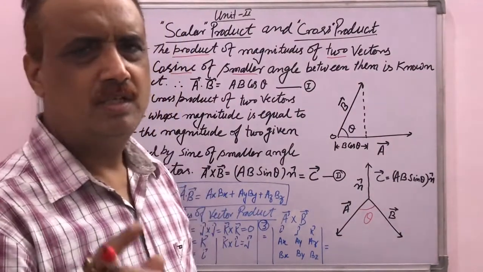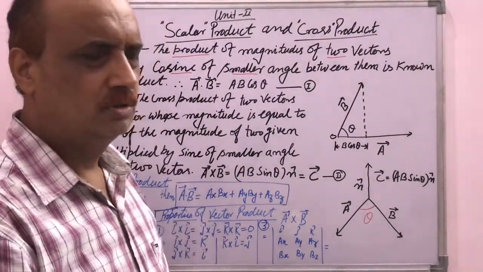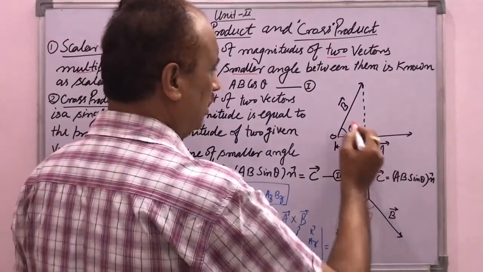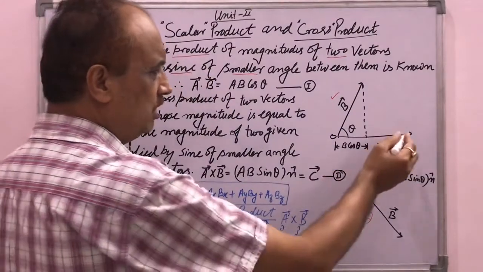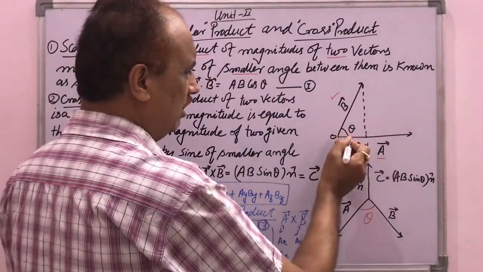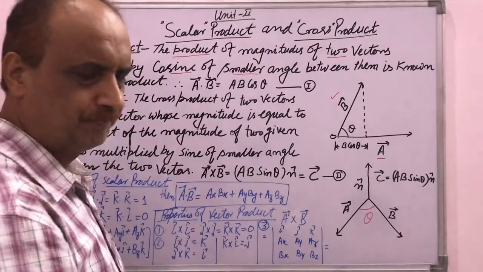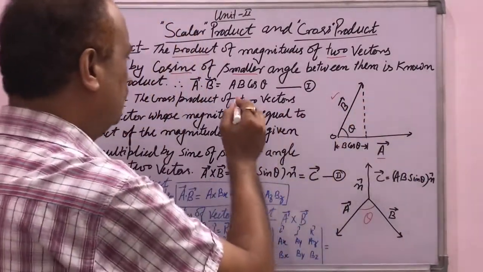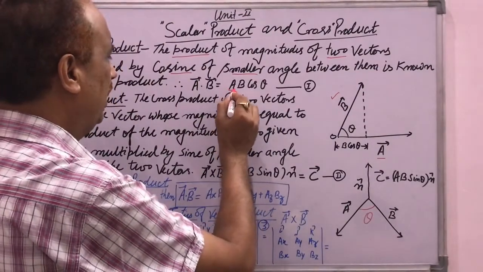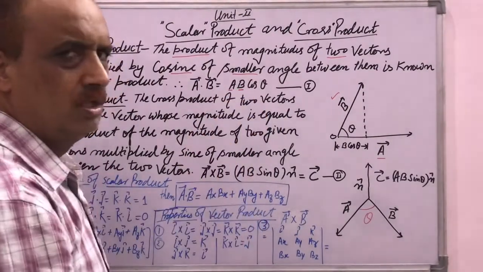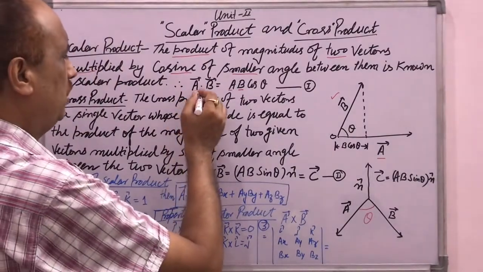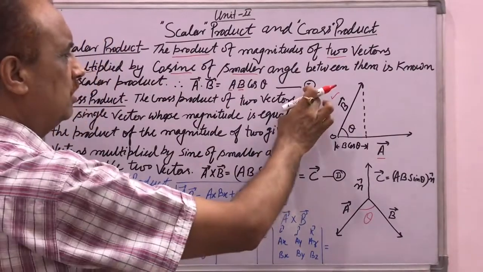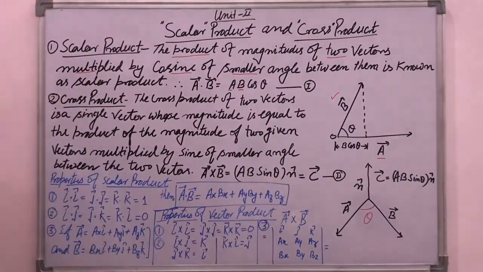So if you consider here two vectors, vector A and vector B, inclined at a smaller angle theta, the magnitude of vector A is A, and the magnitude of vector B is B. So the dot product A dot B is equal to AB cos theta. This is the formula for the scalar product.